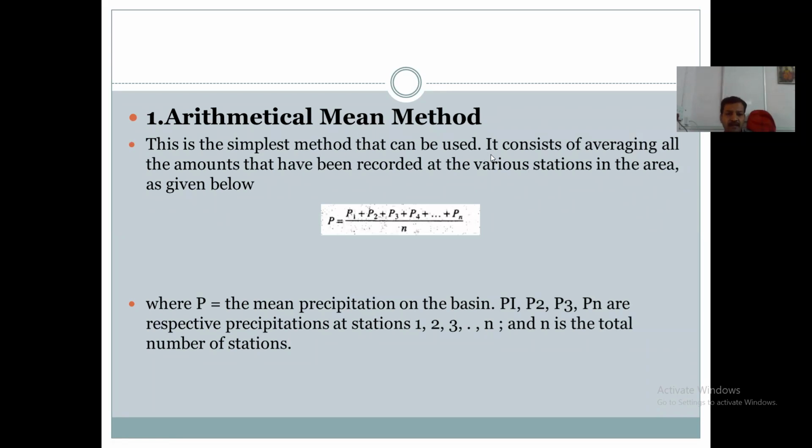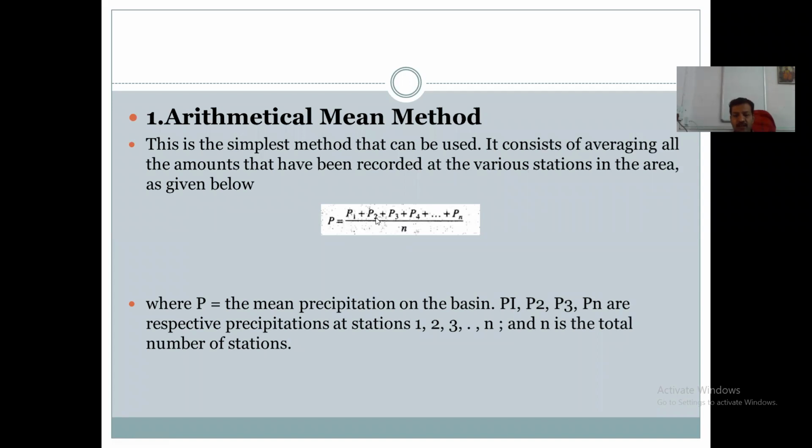In the arithmetical mean method, the average of all the rainfall data recorded at each rain gauge station is added together to get the total precipitation on the basin.